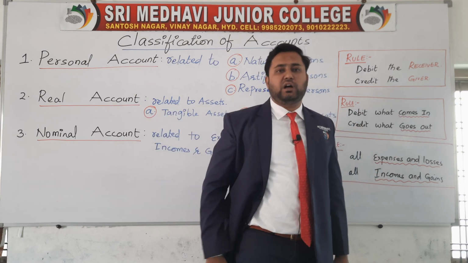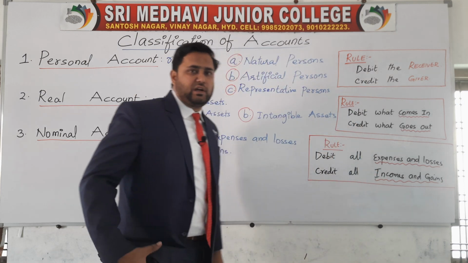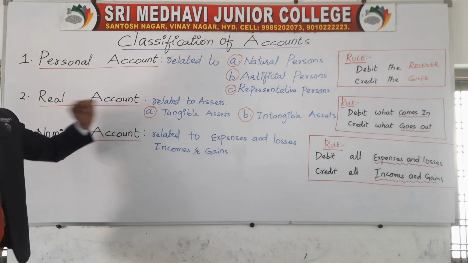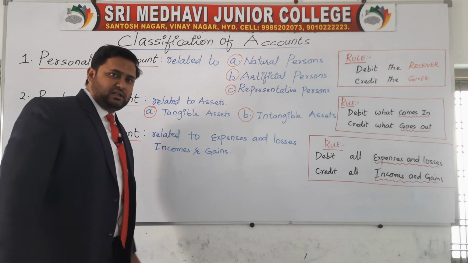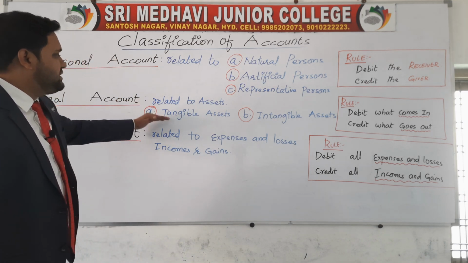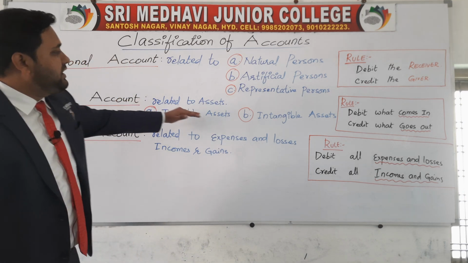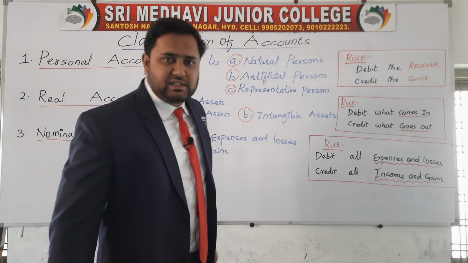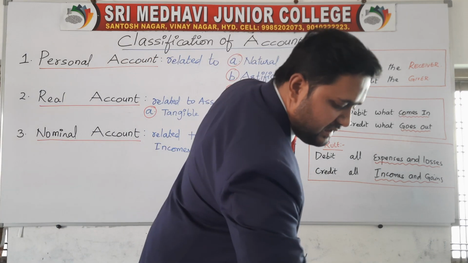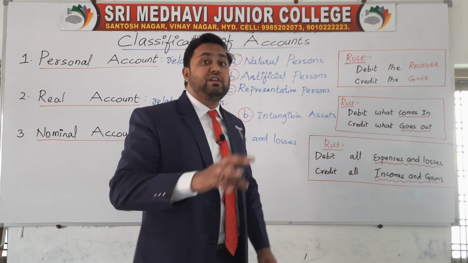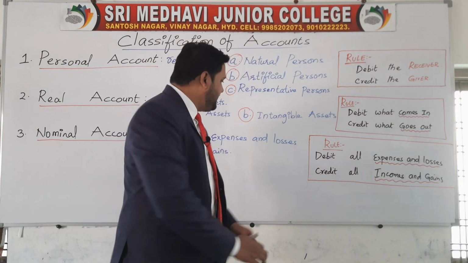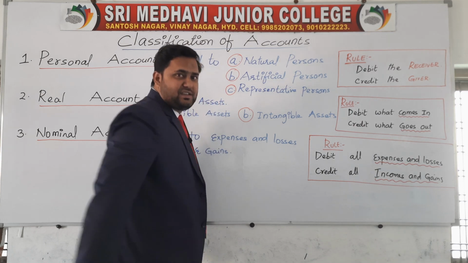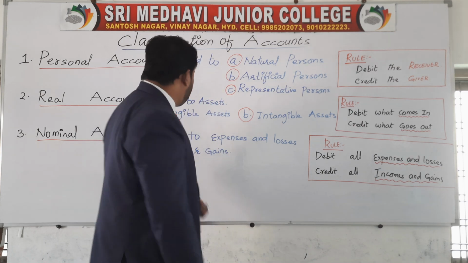The very next account under your classification of accounts is real account. Real account is related to assets. Assets are classified into two categories: tangible assets and intangible assets. Tangible assets are the assets which have physical existence, which you can see, touch and feel.